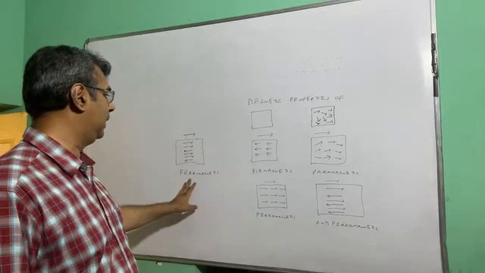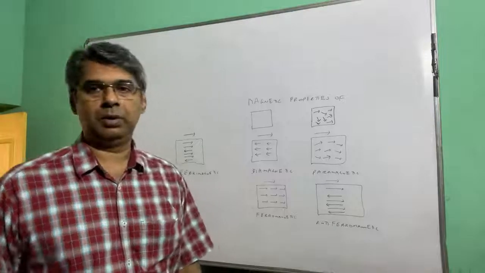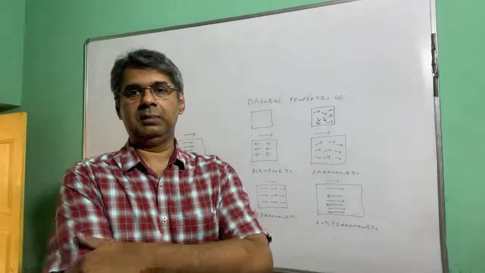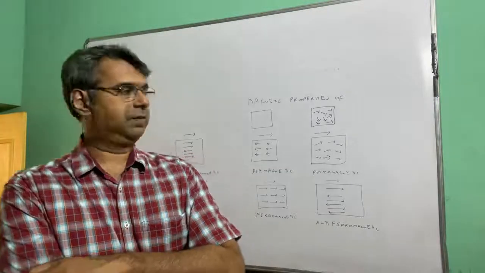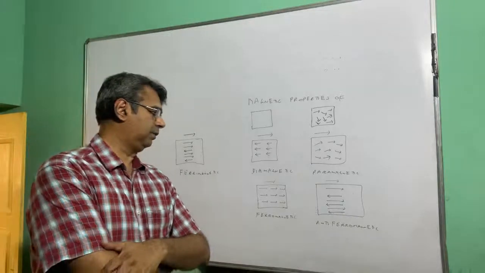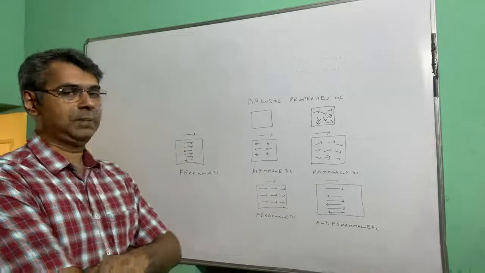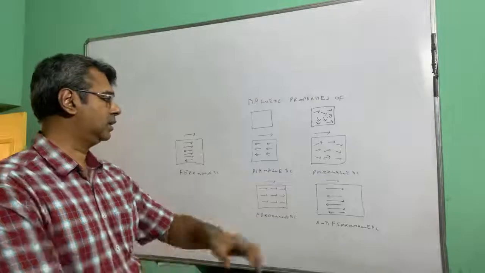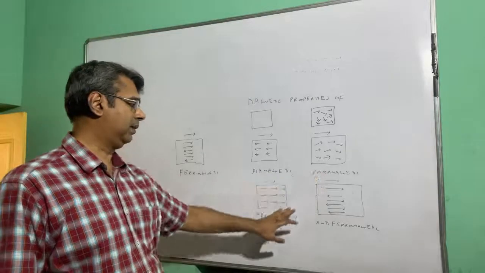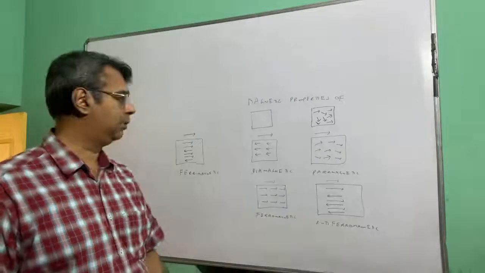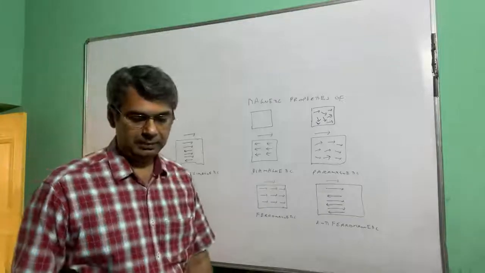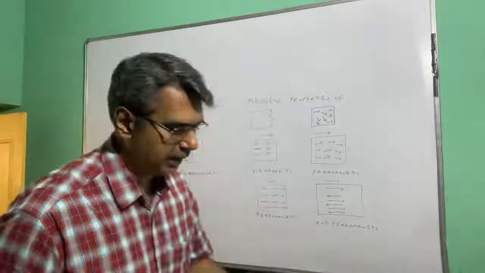So these are the five types of solids based on their magnetism: diamagnetism, paramagnetism, ferromagnetism, antiferromagnetism, and ferrimagnetism.